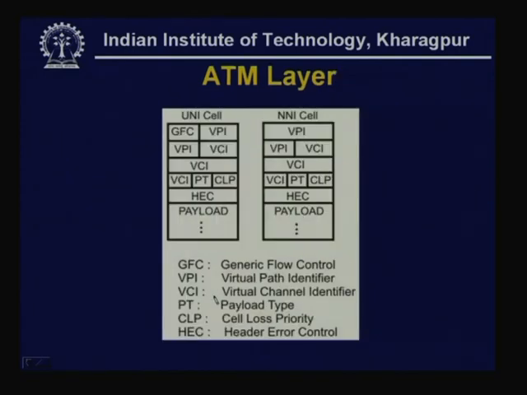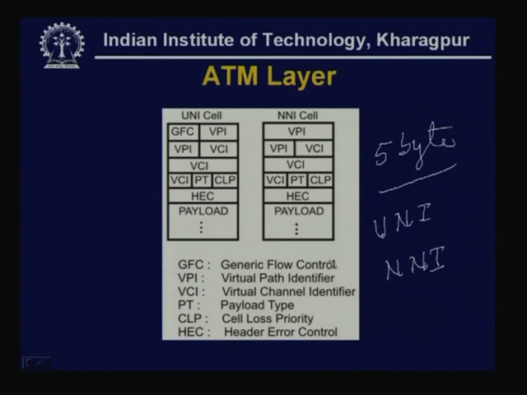And here the 5 byte header that is added to the ATM cells is elaborated. It has two different types of headers, for UNI, user to network interface, and NNI, network to network interface. The main difference comes from the GFC. GFC is the generic flow control.